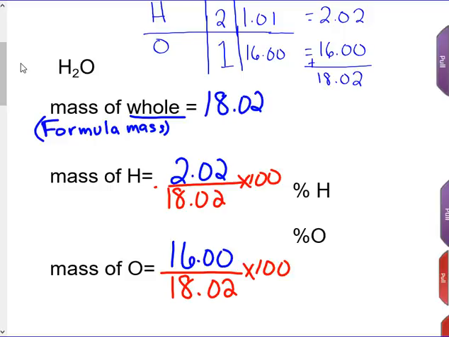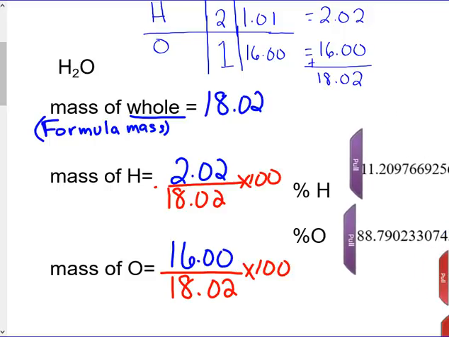When I do that, my calculator says that hydrogen is equal to 11.209, and all of those values, and oxygen's percent is 88.7902333074. Now, in terms of rounding, we're always going to round to the hundredths place.